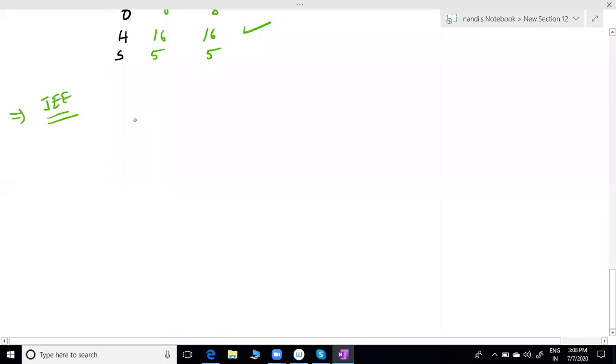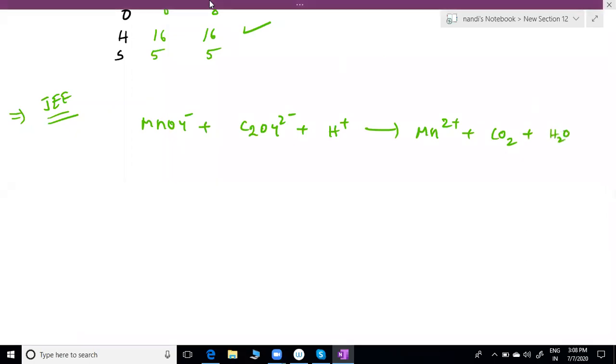They've given MnO4 minus plus C2O4 2 minus plus H plus gives rise to Mn2 plus, CO2 plus, anyway H2O you will get. Let's leave it.